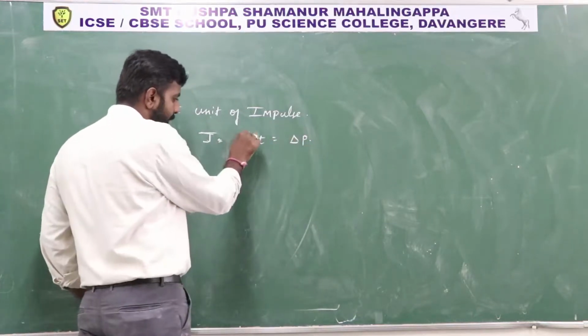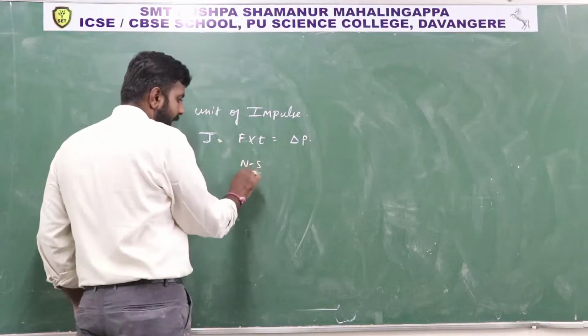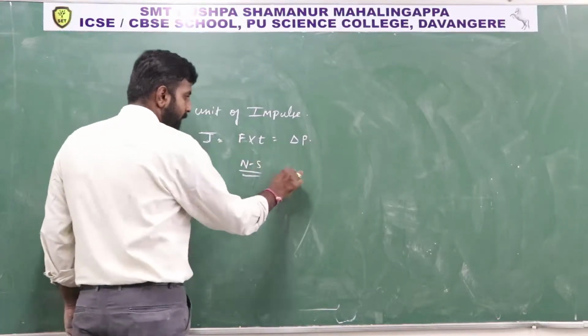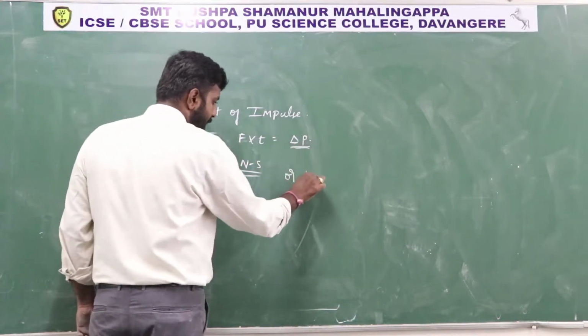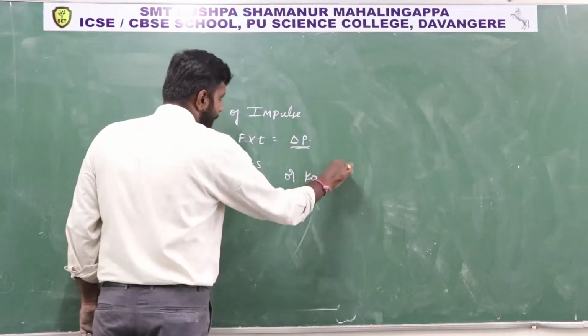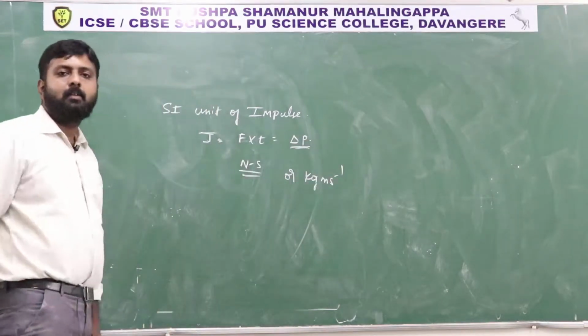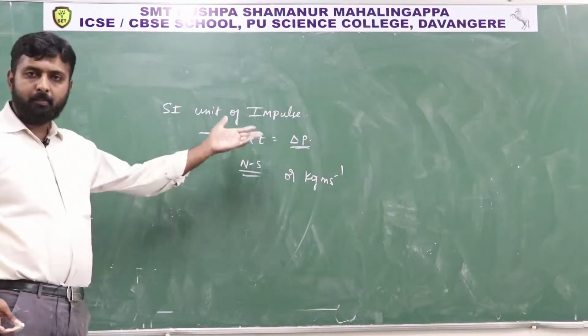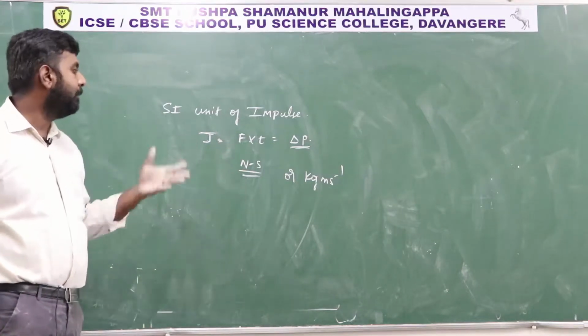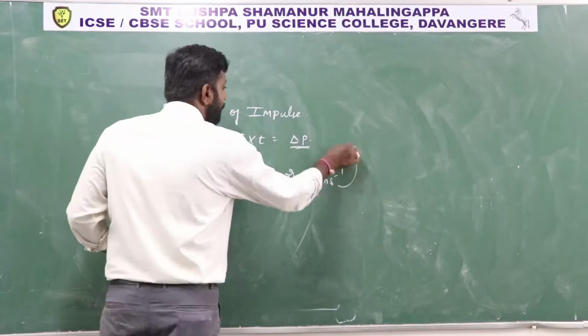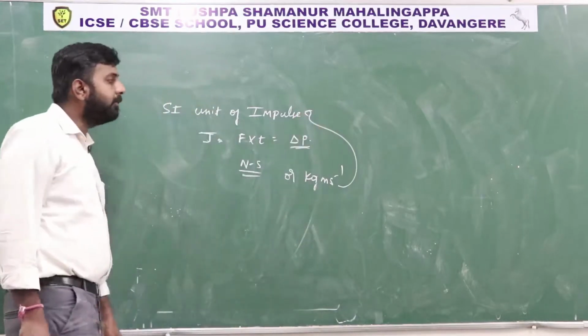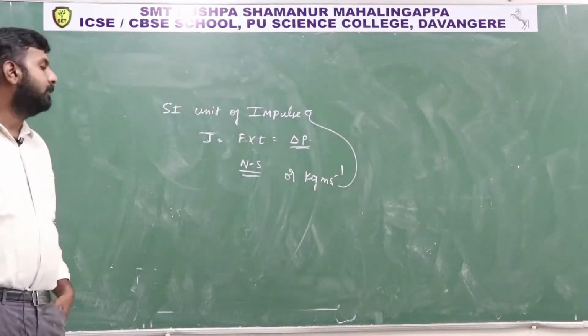So here you can consider Newton-second, or you can consider this change in momentum is nothing but kg meter per second. So change in momentum means you have to apply the momentum SI unit only, kg meter per second. This is the SI unit of impulse.